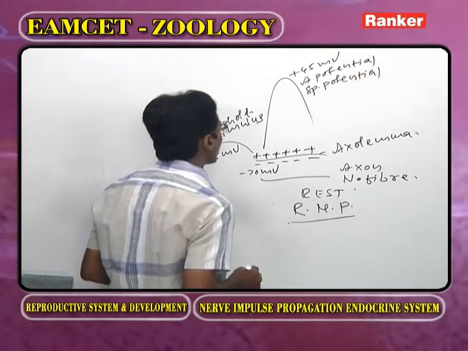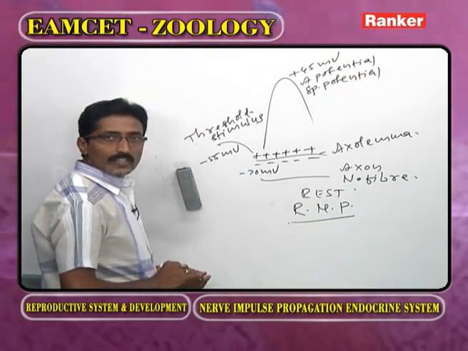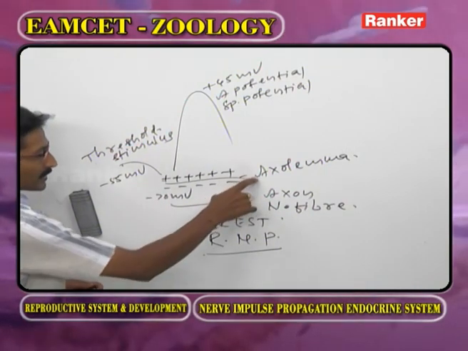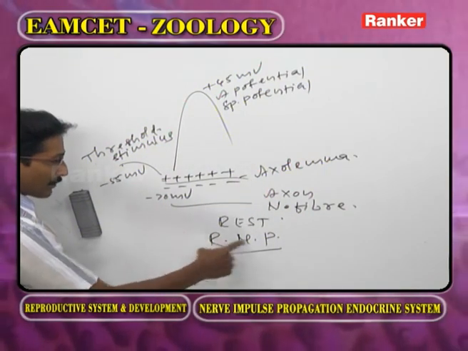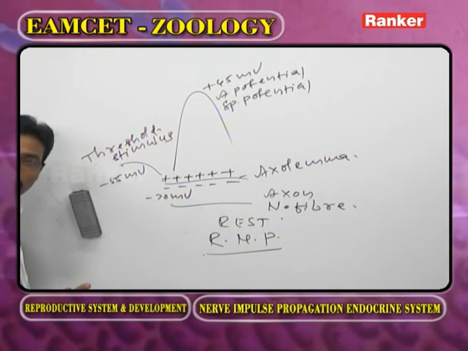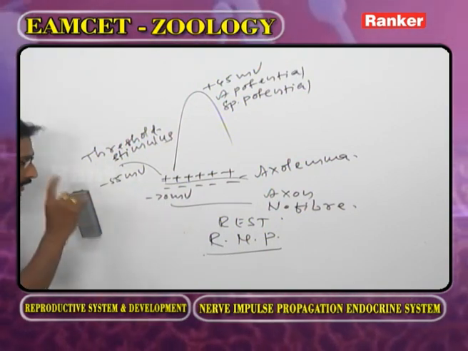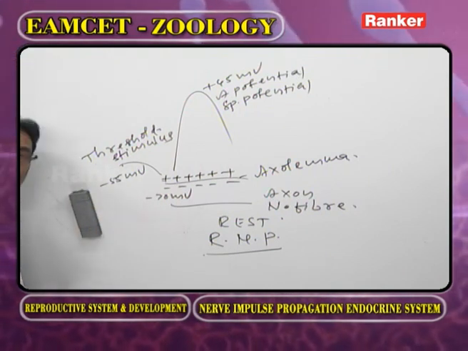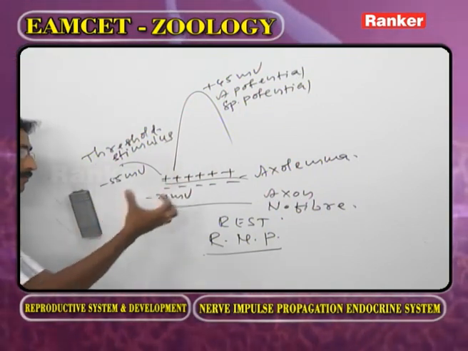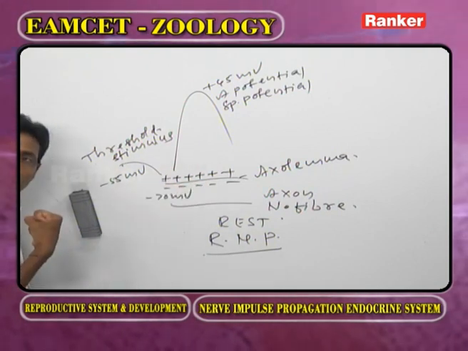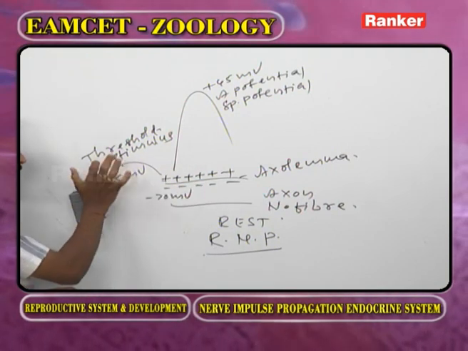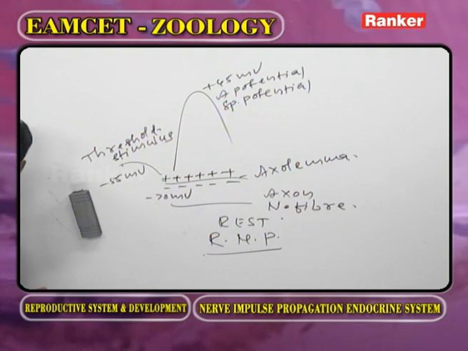Again, whenever the axolemma is at rest, what type of potential? Resting membrane potential, which is minus 70 millivolts. In this stage only the axolemma receives the stimulus. Now we are giving what type of stimulus? Threshold stimulus.